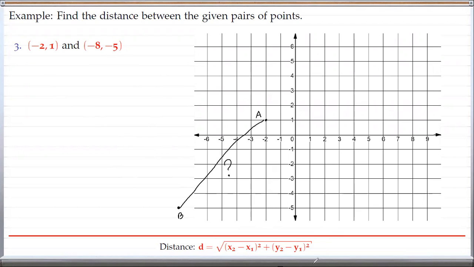So again, we want to try to apply this formula. We can call these two values x1, y1, and we can call these two values x2, y2. So the distance D is the square root of x2 minus x1 squared, we will put that here, plus y2 minus y1 squared, we will put that here. x2 is -8, we have that here, minus, because we have minus, x1 is -2, we will put that here.